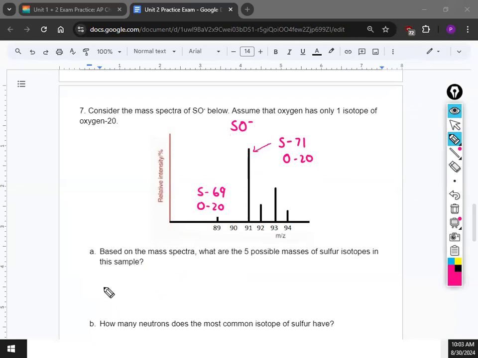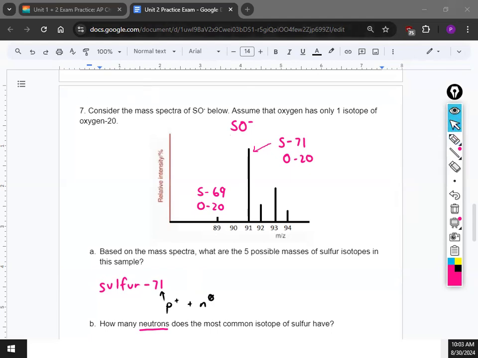We just figured out that it's sulfur 71. Now, if you guys remember, this number back here is going to be protons plus neutrons. So if the question is asking how many neutrons the most common isotope of sulfur has, all we have to do is subtract the protons. So you just need to figure out how many protons sulfur has and subtract from there.